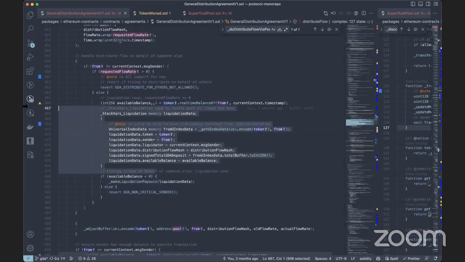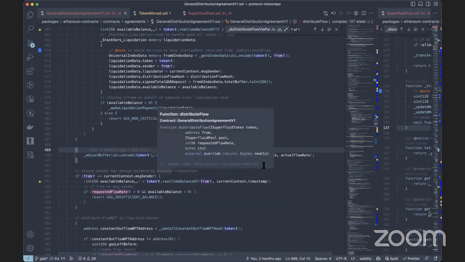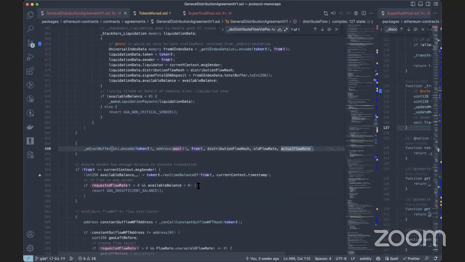And this is because of stack too deep. And we only allow this if middle bounds less than 0. Otherwise, we just revert. It's non-critical sender. This adjust buffer handles the buffer or setting or reducing of the buffer depending on the previous flow rate and the actual current flow rate that gets distributed to this pool.